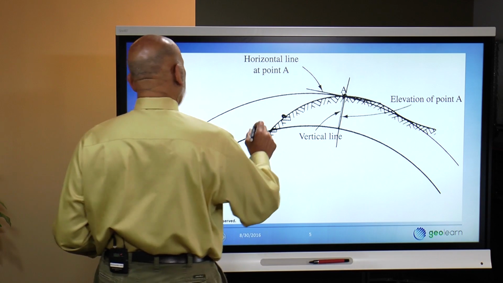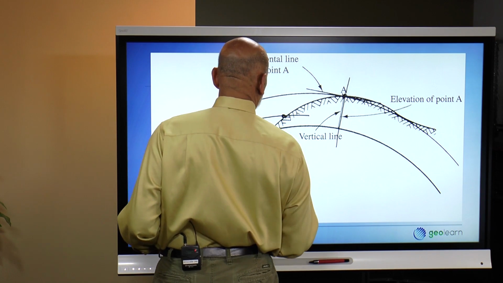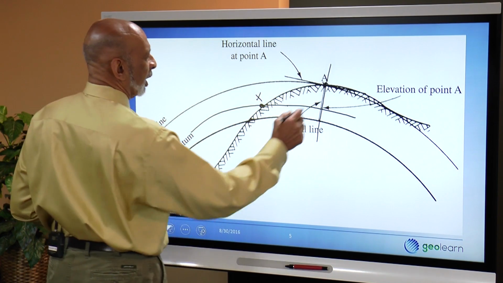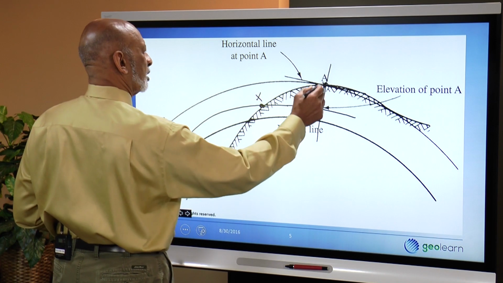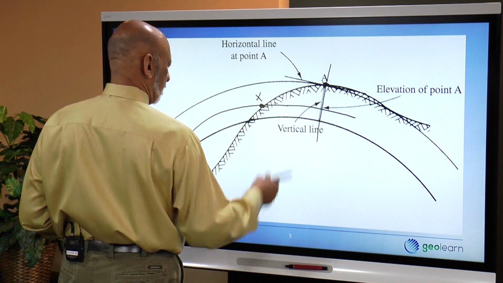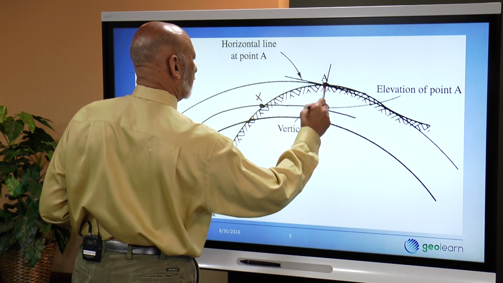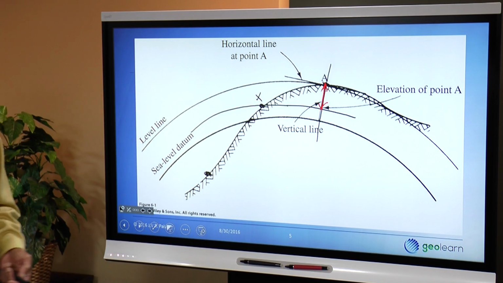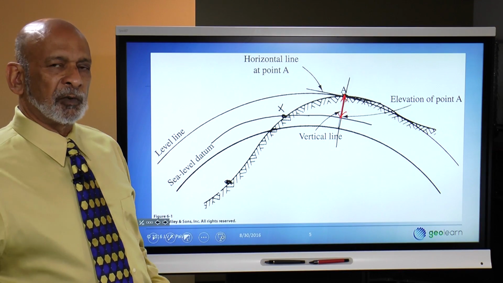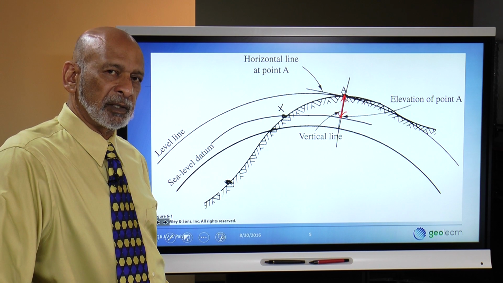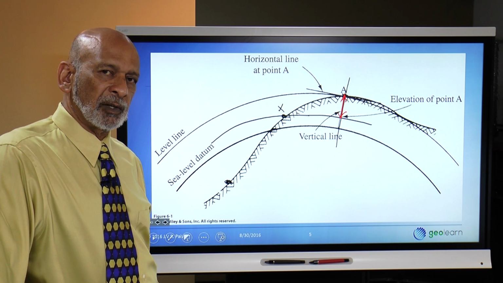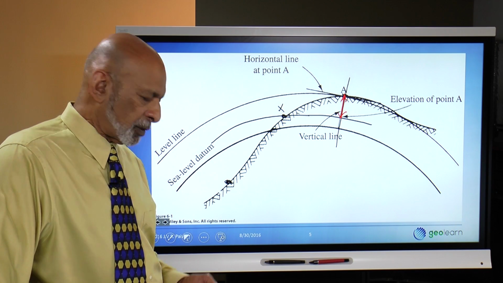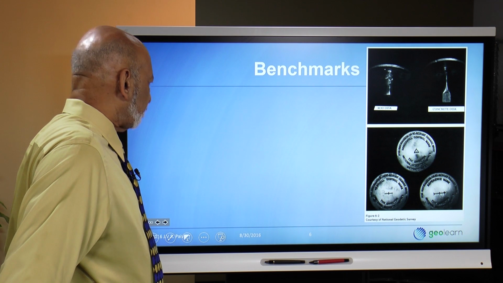And the way we do that is by constructing another level surface, so that by looking at the level surface through point X over here, and the level surface at point A over here, we get this vertical difference, which is the difference in elevation between point A and X. So you need to realize that when you find differences in elevation or vertical differences in height, you're actually finding differences in the vertical data, in the level surfaces that pass between the 2 points that you are comparing.